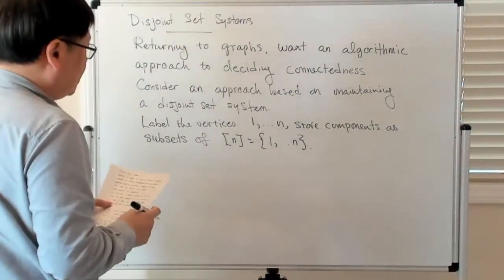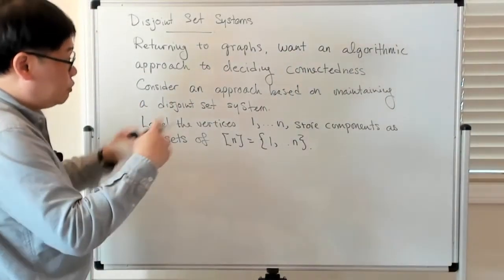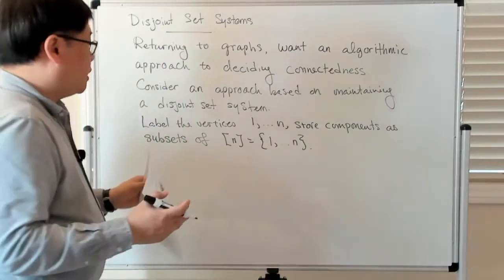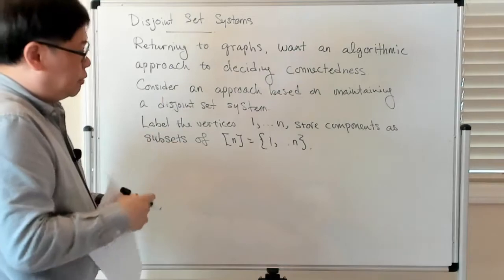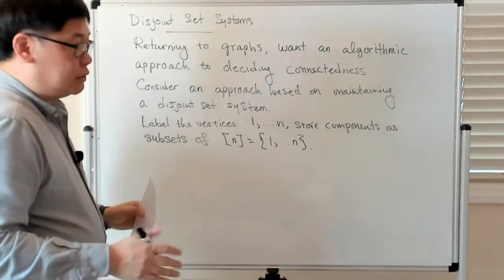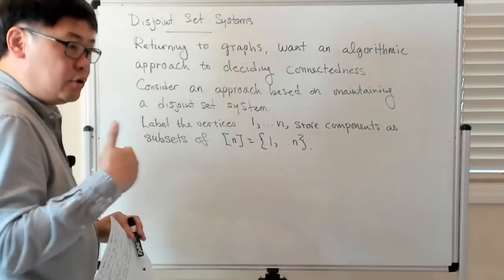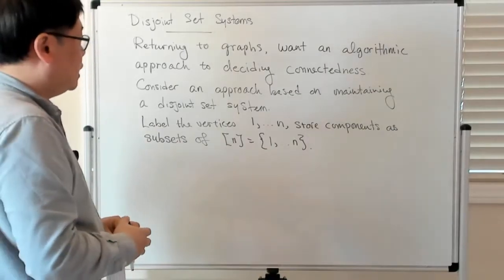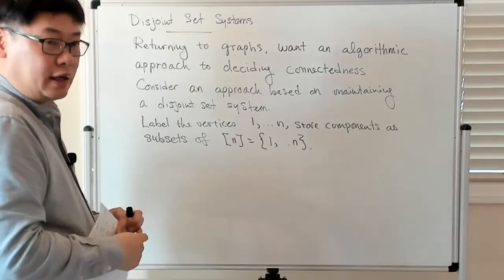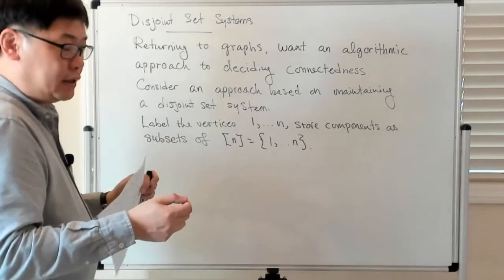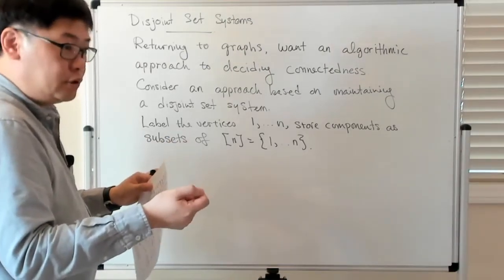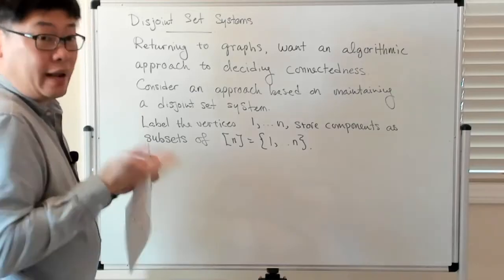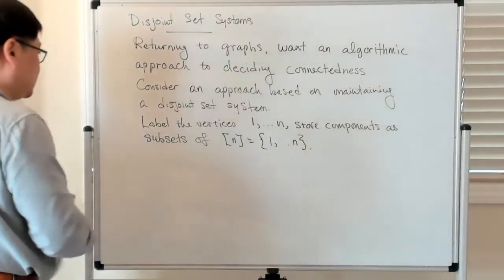Okay, and so the idea first is to assume that everything is disconnected. All right, so you have again these n vertices. You assume each of these things are all disconnected from each other, and then you go through the edge list, and every time there's an edge connecting two sets which you had assumed to be disconnected, you would connect them, or you would take the union. Okay, so that's the basic idea.